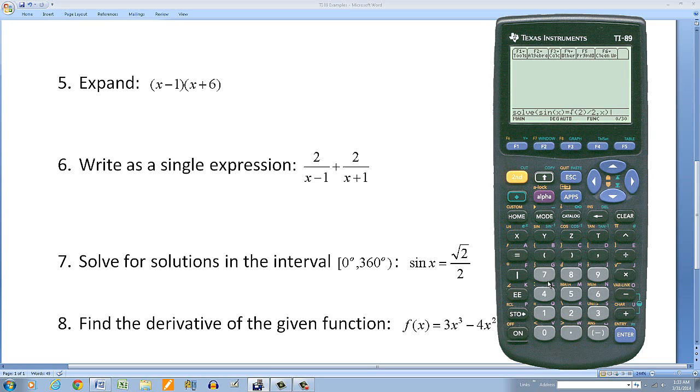Okay, so I'm going to do it this way. I'm going to say x has to be greater than or equal to 0. So go to the math menu, second, math, number 8, and I want greater than or equal, there it is, number 3, so hit 3. X has to be greater than or equal to 0. And of course, since I have it set to degrees, that means 0 degrees, so 0.